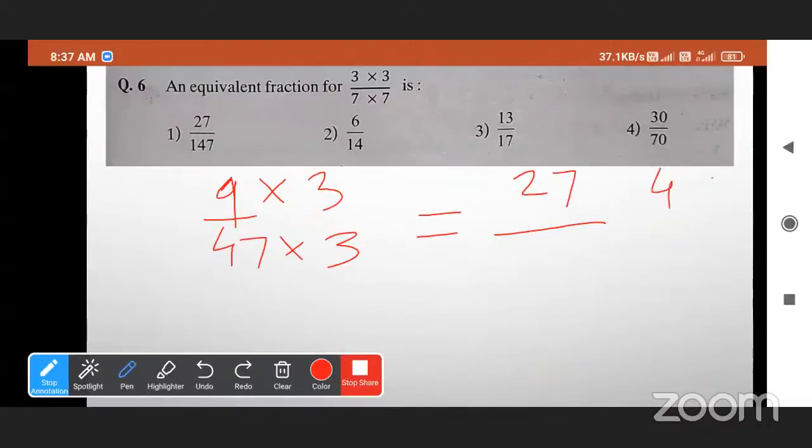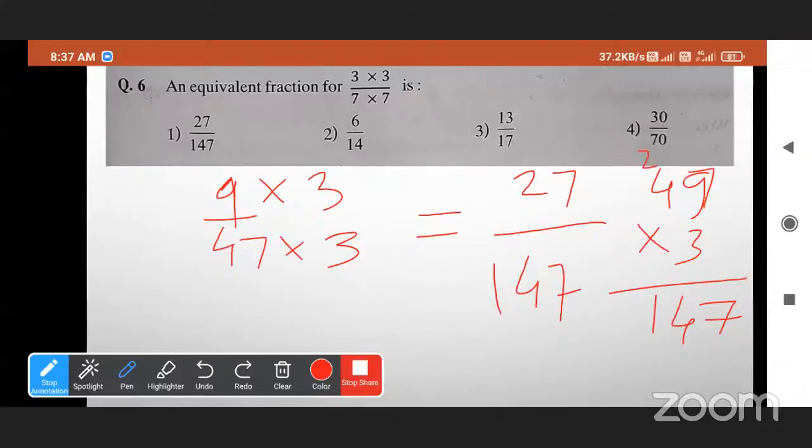Now here we will do 49 multiplied by 3. 9 threes are 27, here comes 2. 4 threes are 12, 12 plus 2 is 14, so 147. So see here, by multiplying both numerator and denominator by 3, we get 27 upon 147. So the first one is the correct answer.